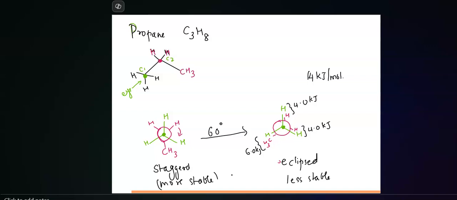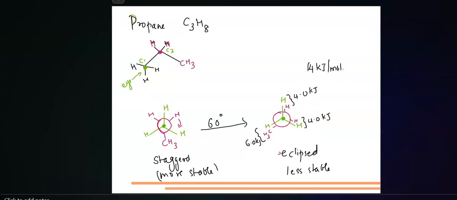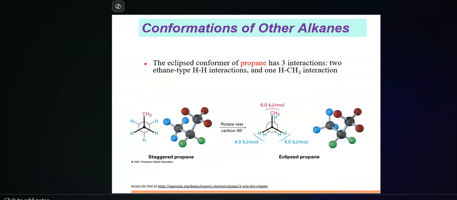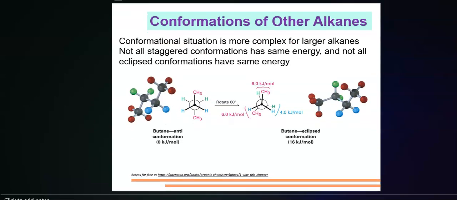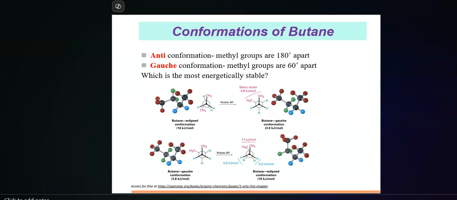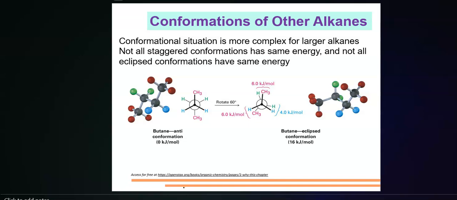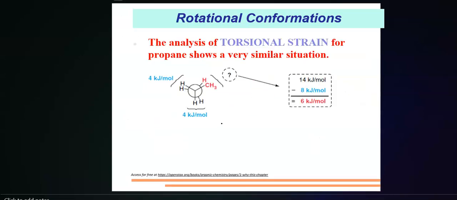So in case of propane, you can see 6 kilojoules per mole because of interaction between the hydrogen and the CH3, and the other two hydrogens are 4 kilojoules per mole. If I were to draw the energy diagram for propane, it would be very similar to that of ethane, except for the difference in energy.